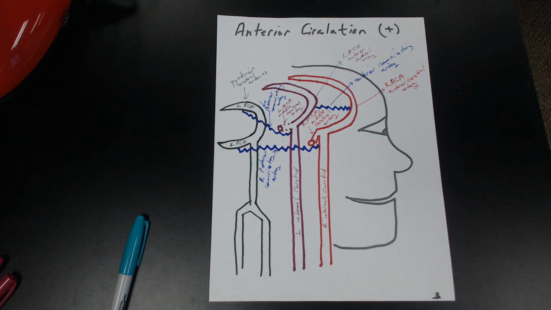And there you have it. Sometimes it's a little harder to see from the side, but if you can imagine, you've got connection between left and right ACA with that anterior communicating, and you've got connection with the right and left internal carotid with the PCA in the back through your right and left posterior communicating arteries. So essentially, you formed a circle. And that circle is called the Circle of Willis. We're going to look at the Circle of Willis here in just a little bit more detail after the break. Okay, take a 10-minute break.